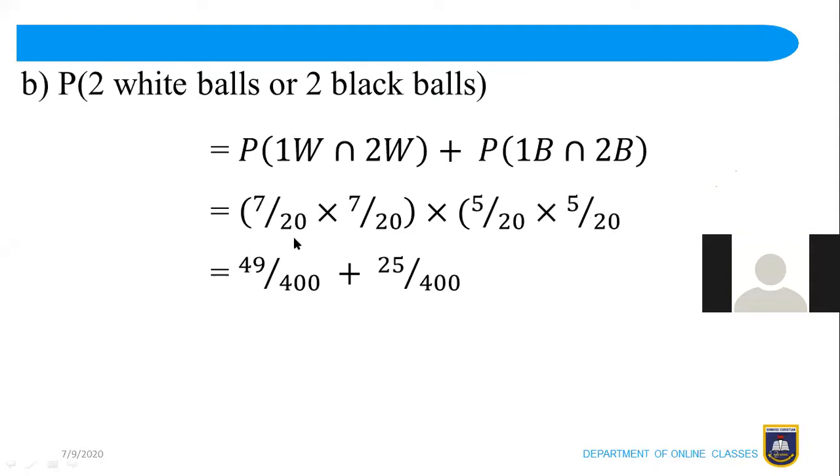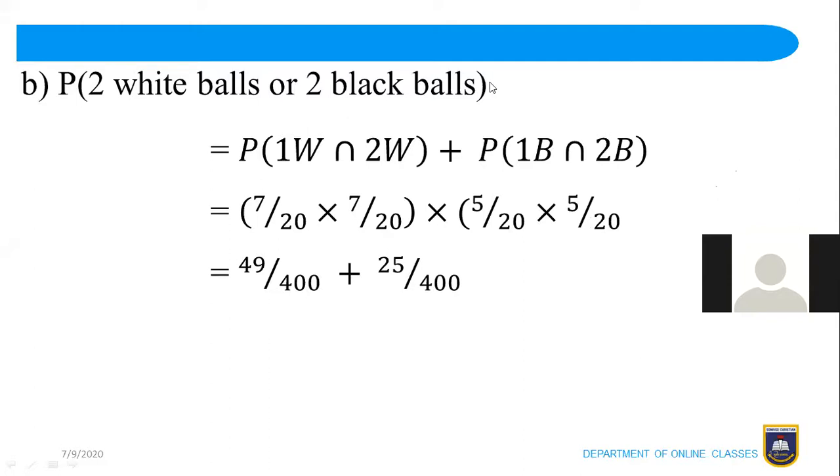That is 7/20 times 7/20 will give you 49/400, plus 5 times 5 will be 25 divided by 400. That is 20 times 20.